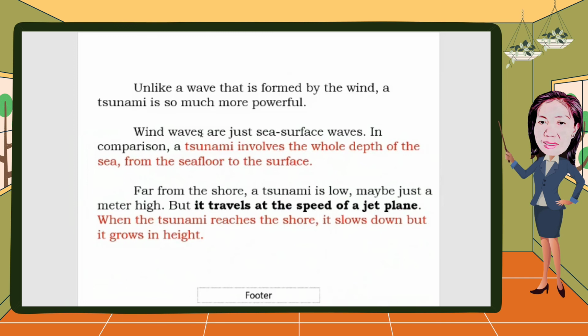From the shore, a tsunami is very low and maybe just a meter high, but it travels at the speed of a jet plane. So, medyo mabilis siya. Mapansin natin na wala na yung water sa shore, but bigla na lang itong babalik with a very high height or magnitude.